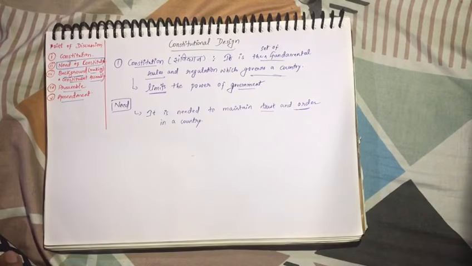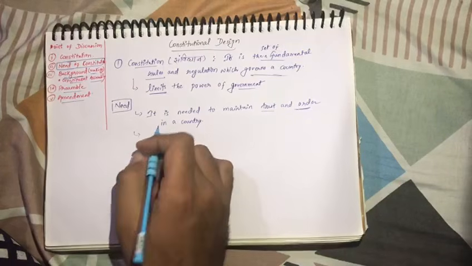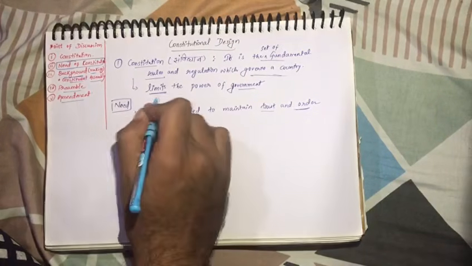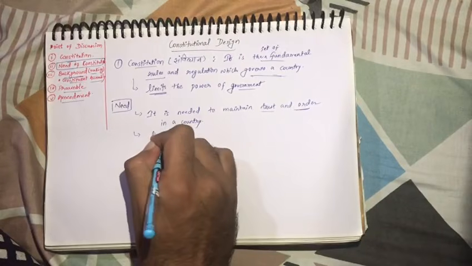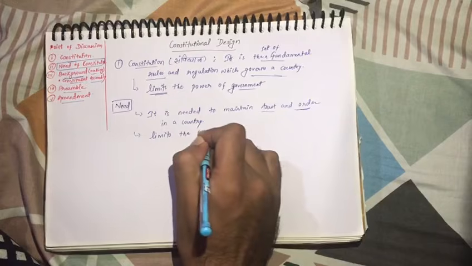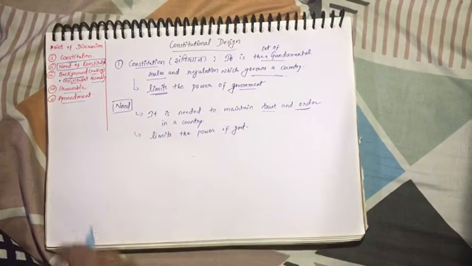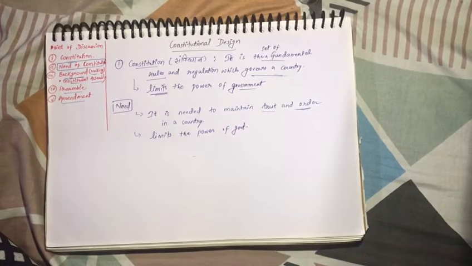There are many needs of the constitution like this. So we can write what I have discussed here. It limits the power of the government. I have talked about it. This also comes under the need of the constitution. All right. Further, if there is a democracy, it is very much required.